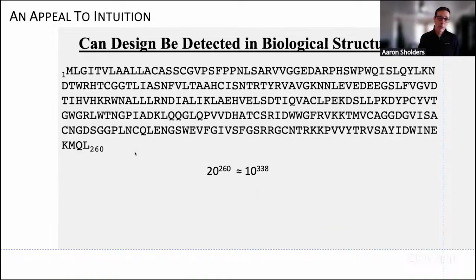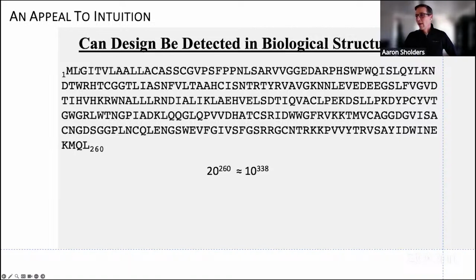It's really improbable that you would get this sequence of amino acids. So let's talk about the probabilities, just like we did with the letters in our Lotto ball example. In this case, our base is going to be 20, and we raise that to 260. There are 20 amino acids, so we have a 1 in 20 chance of methionine, M, being the first amino acid in our protein.